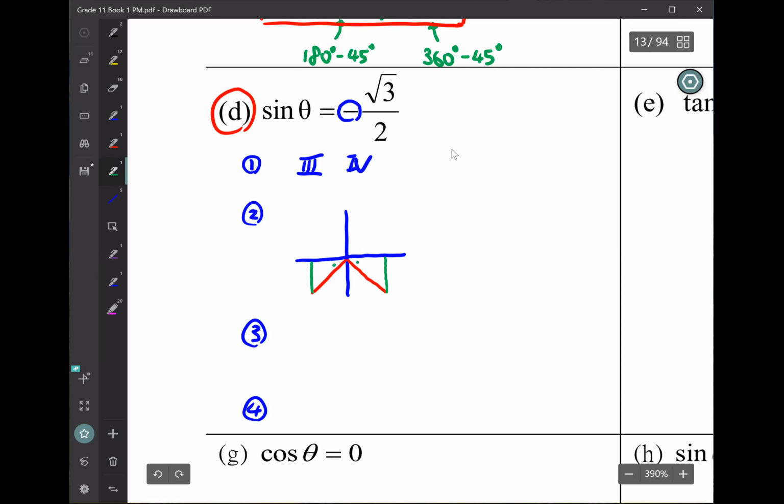So these 2 dots are the reference angle. Okay, anyone else have questions?